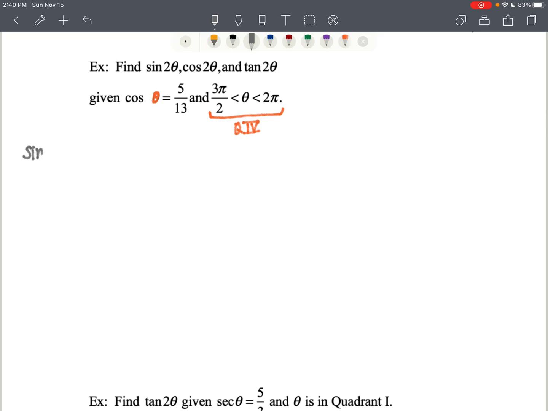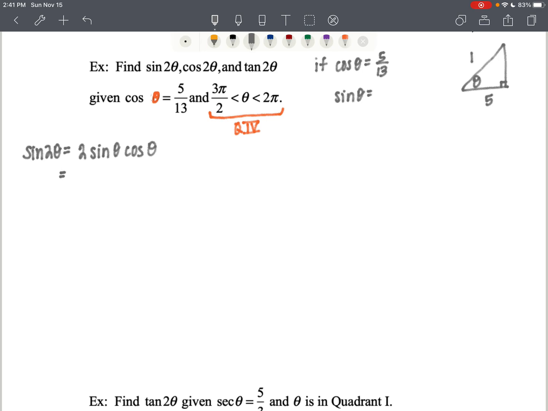So we're going to start with the sine of 2 theta. The sine of 2 theta is equal to 2 times the sine of theta times the cosine of theta. If the cosine of theta is 5/13, then the sine of theta, drawing a right triangle, this is theta, we would have the adjacent side as 5, the hypotenuse is 13, which would make the opposite side 12.